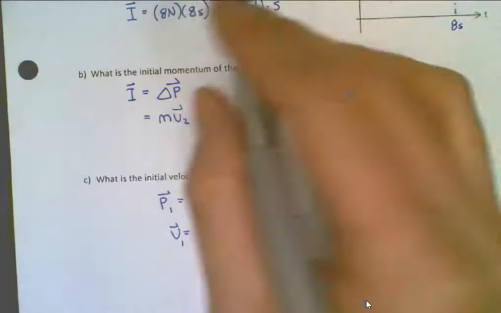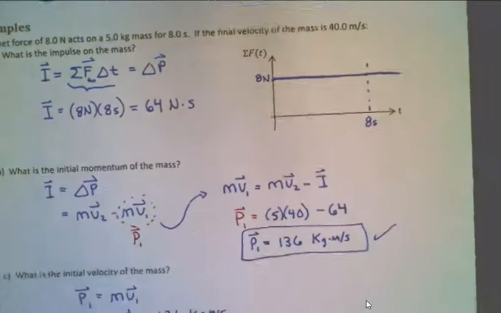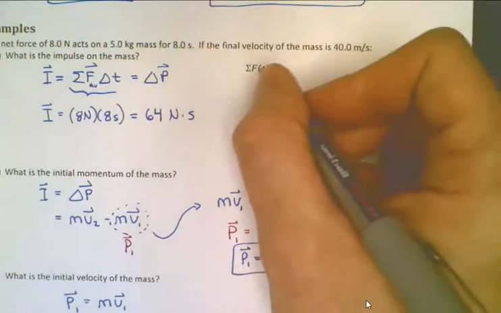And if we take 5 times 40, we get 200. So we can see that the final momentum is 200 Newton seconds, or kilogram meters per second, and it matches perfectly.